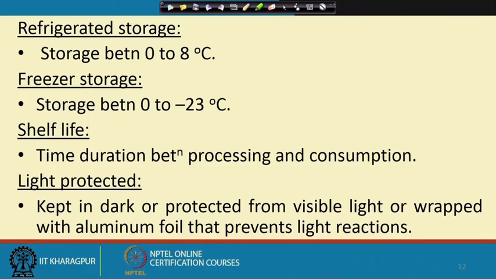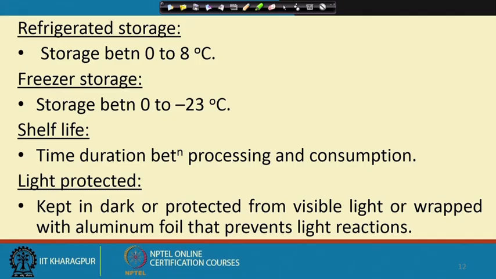Since the class time is almost over, I will carry it forward to the next class and bring this topic up again: why we are saying it to be minus 23 or around that, minus 23, 25, 30, minus 18. Why has this number minus 18 come? You will see in most of the books, any book you follow, that frozen storage is at or below minus 18 degrees centigrade.